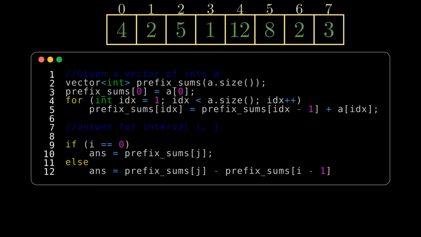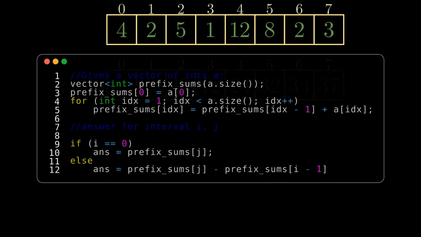And the answer for interval I and j will be equal to the prefix sums at j if I is equal to 0. Otherwise, it will be equal to the prefix sums at j minus the prefix sums at I minus 1.